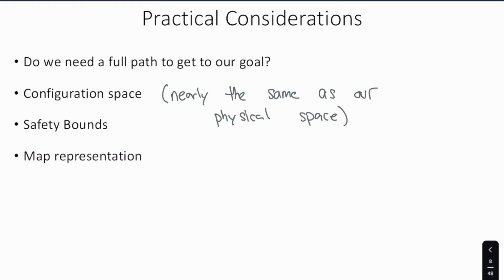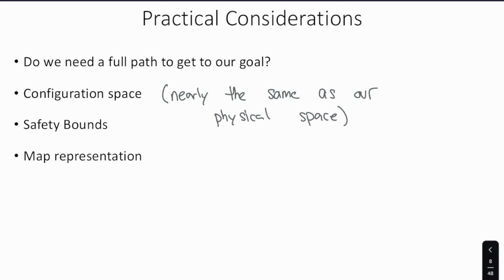Our configuration space will pretty much be the same as our physical space. There are some times when that won't be the case, and I'll make sure to point them out when we get there. Like I said before, we also want to take into account safety bounds. How close to an obstacle are we allowed to get? And then finally, we'll talk about different ways for representing our maps.